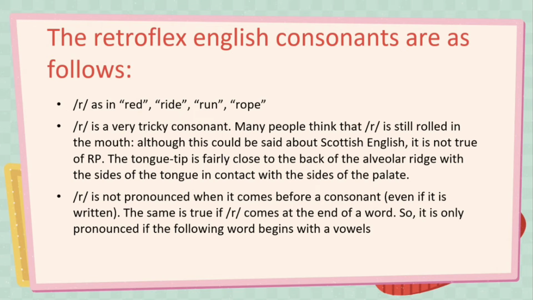Many people think that r is still rolled in the mouth. Although this could be said about Scottish English, it is not true of RP. The tongue tip is fairly close to the back of the alveolar ridge, with the sides of the tongue in contact with the sides of the palate.